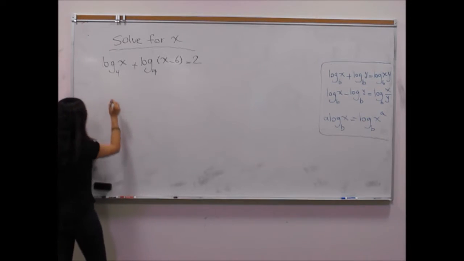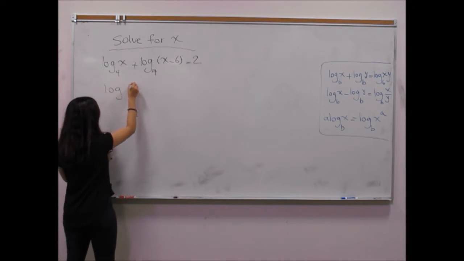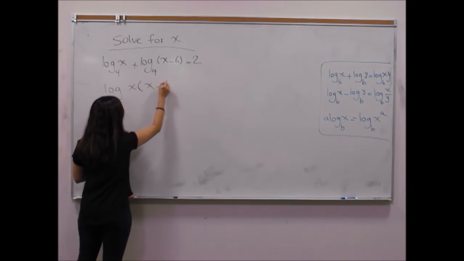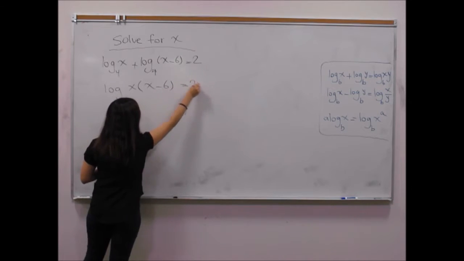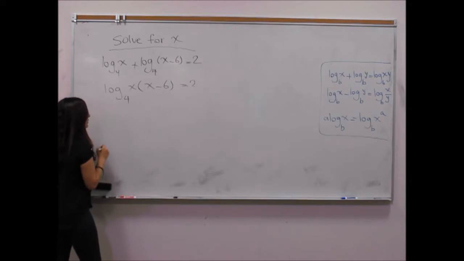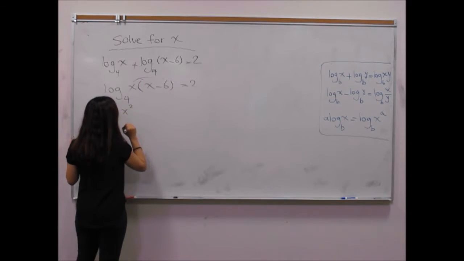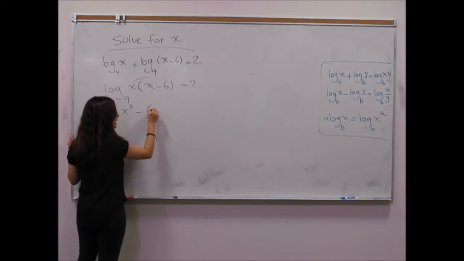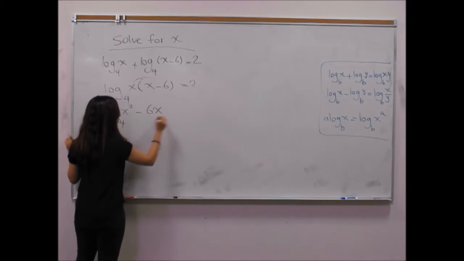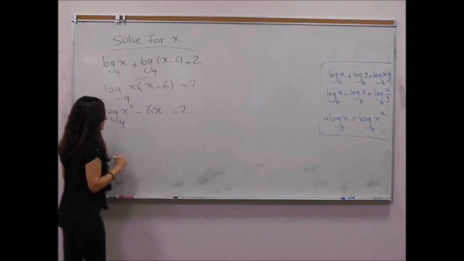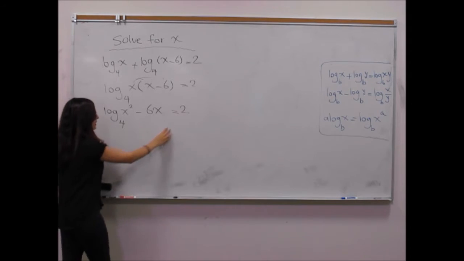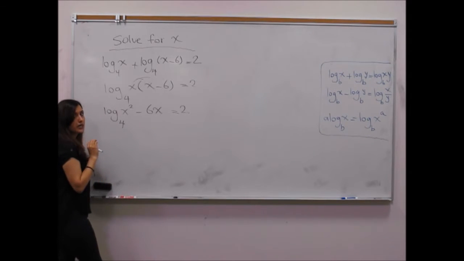On the left side of the equation, I'm going to have log of x times x minus 6, and the base is 4, equal to 2. If we distribute, that is log of x squared minus 6x base 4 equal to 2.